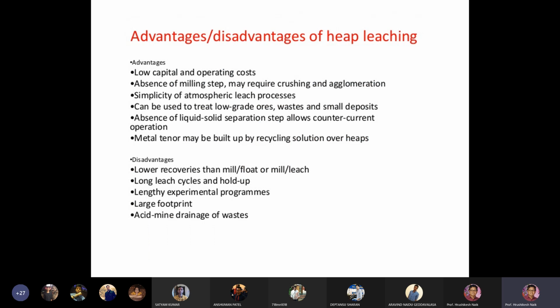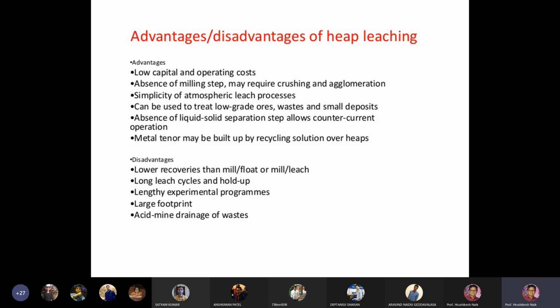So the advantages and disadvantages of heap leaching. What are the advantages you get from heap leaching? What are the disadvantages? See, the advantages of heap leaching are low capital cost and very low operating cost. Absence of a milling step. There is no need of doing any milling. It may require crushing and agglomeration only.